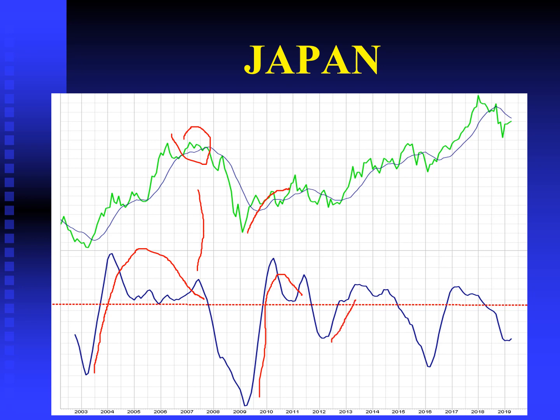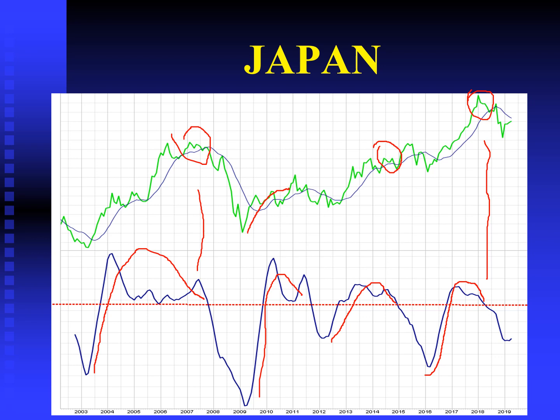This improves again, and then it comes down here, and this is where the Japanese stock market stops going up. The global business cycle improves again, but then it slows down, and sure enough, the Japanese stock market at this point stops acting well.